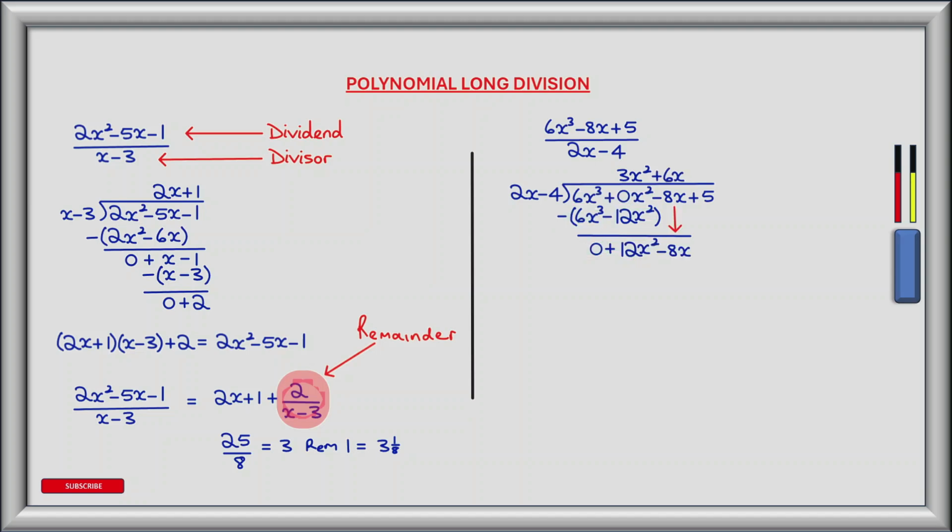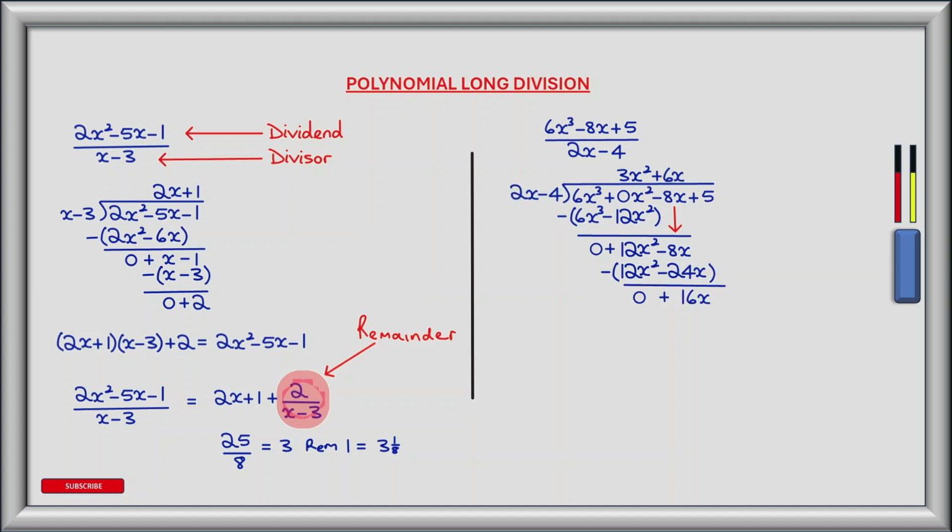So bringing down the minus 8x, we divide the largest powered x value, which is 2x from the divisor, into the largest powered x term, which is 12x squared in the new dividend. So if we divide 2x into 12x squared, we get a value of 6x. And now multiplying the divisor, 2x minus 4, by 6x, we get 6x times 2x, which is 12x squared, and 6x times minus 4 gives us minus 24x.